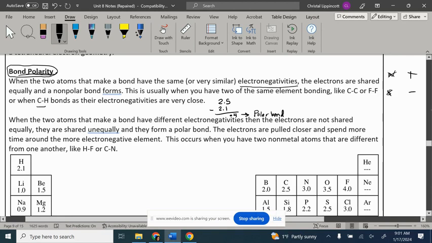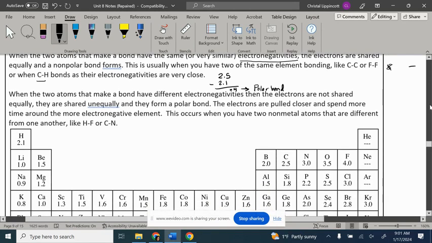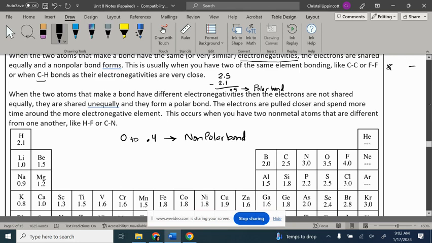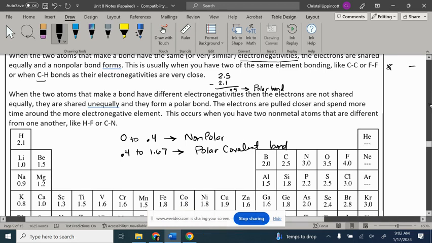How do I know that? Well, in terms of differences, anything that's 0 to 0.4 is going to be considered a nonpolar bond. Anything that is 0.4 to 1.67 is going to be a polar covalent bond, so they're still going to be sharing electrons.